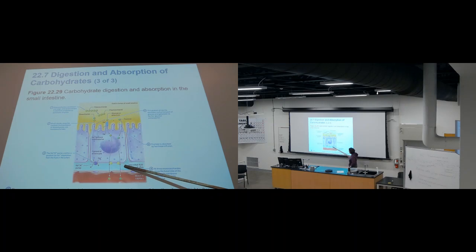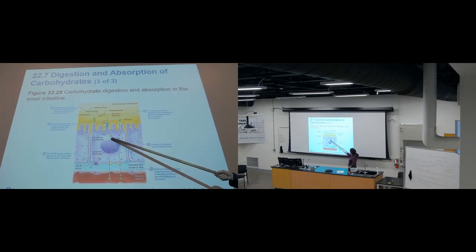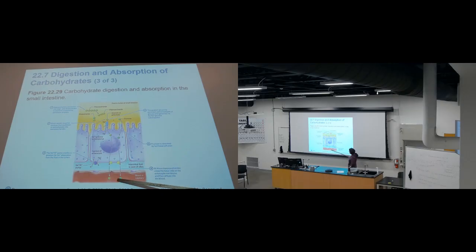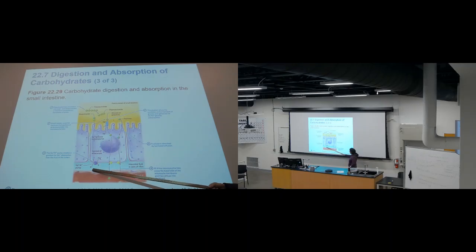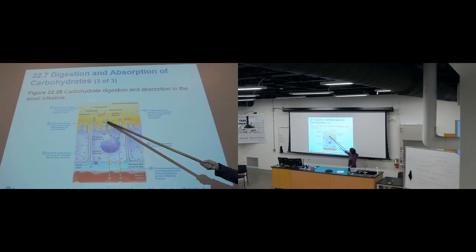But then here in the basal side, no matter if it's glucose or galactose or if it's fructose, everything goes in the basal side directly into the bloodstream by facilitated diffusion. While in here you have to have this co-transporter, and then in here you have a sodium-potassium pump that helps to bring sodium in so that you can use it with these co-transporters.